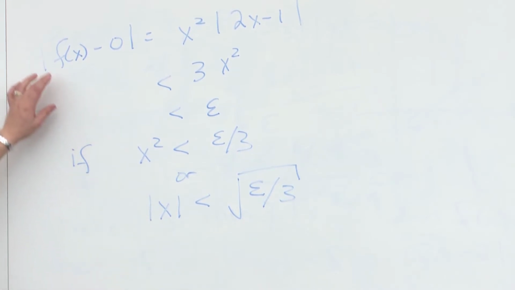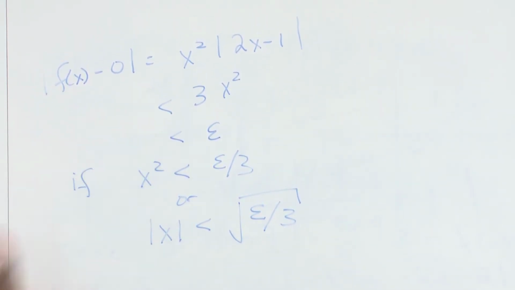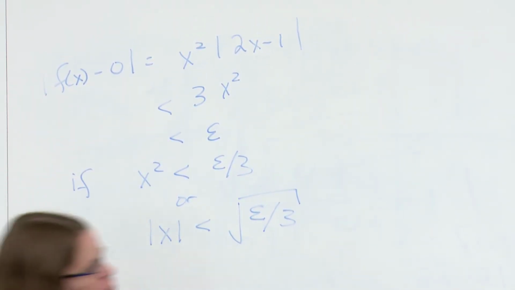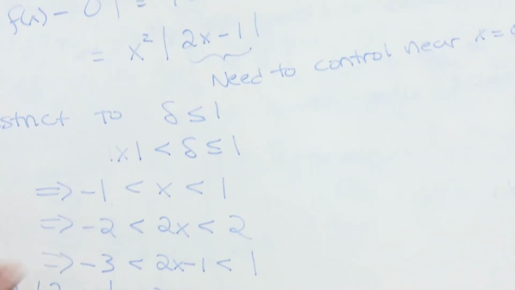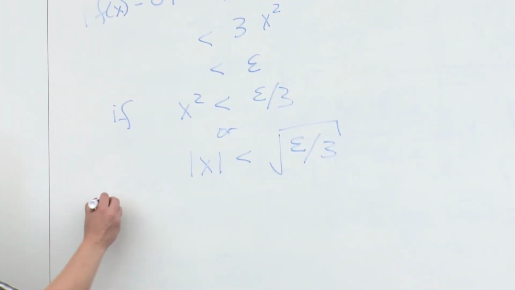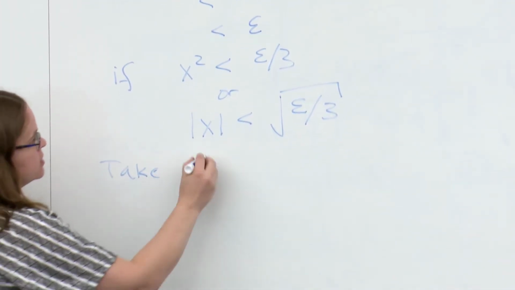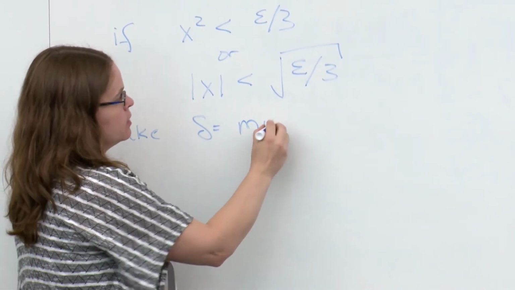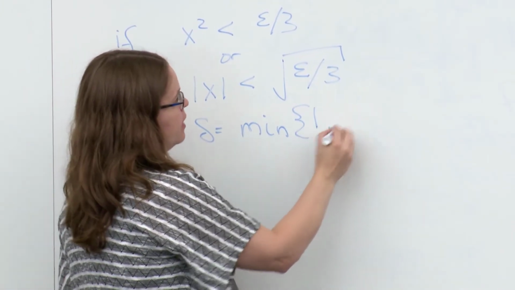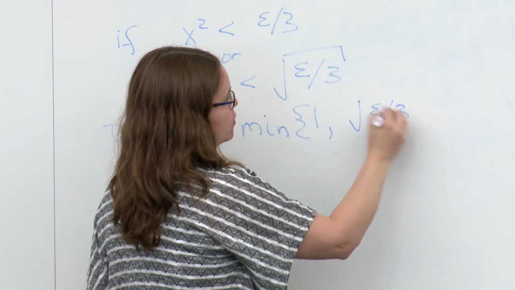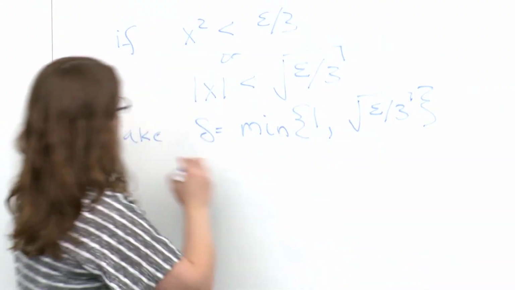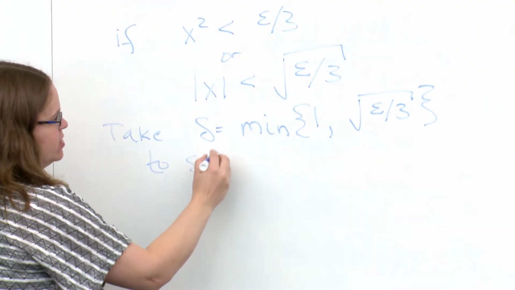We've found conditions that will ensure that f of x is less than epsilon. We have two conditions. One was that delta shouldn't be bigger than 1. One was that delta shouldn't be bigger than root epsilon over 3. So if we take delta equal the minimum of 1 and root epsilon over 3, then we can satisfy the definition.